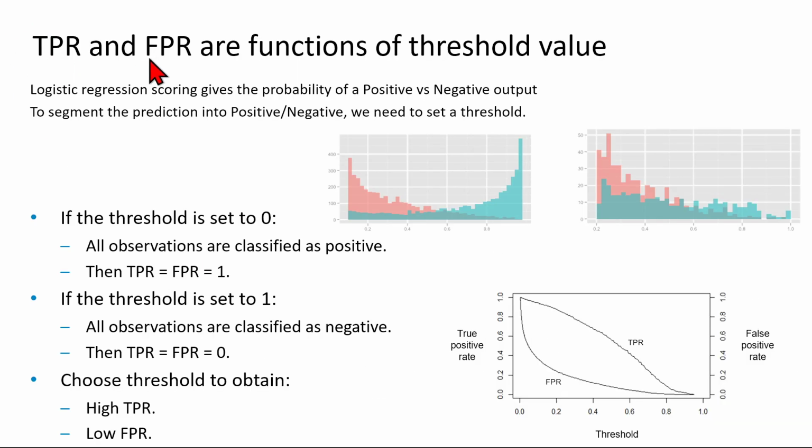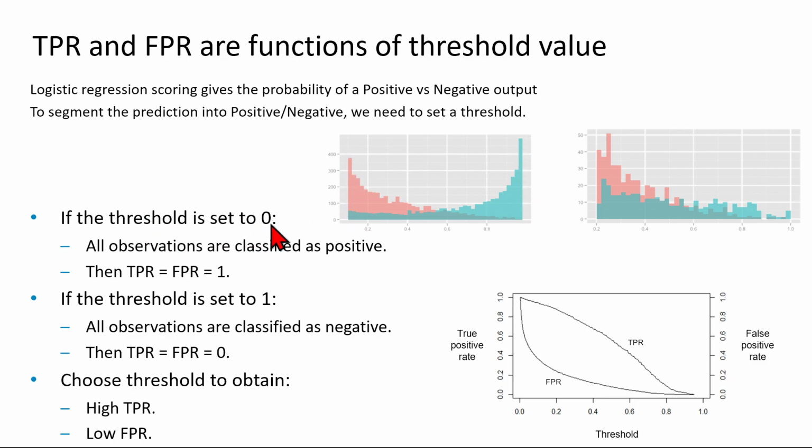The TPR and FPR that we talked about, the true positive rate and false positive rate, are functions of the threshold value. Remember in logistic regression, the output of the model is actually a probability, and we can find a threshold. The value of the threshold helps us determine which observations are a positive case and which are a negative case.